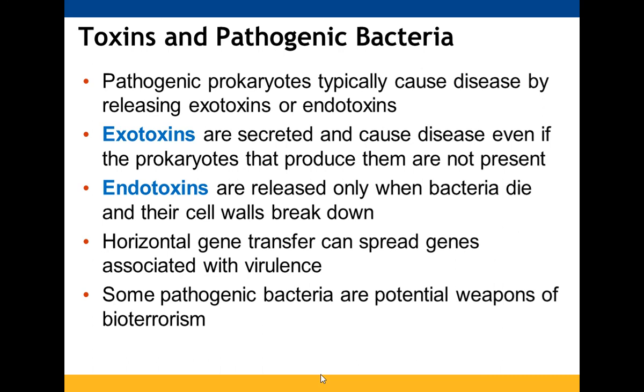The exotoxins are released and they can cause disease even if the prokaryotes aren't there anymore. The endotoxins are released only when they die. So they're housed within the bacteria, and when they die off is when the endotoxins come out. And then we can have the gene transfer that can make things a little bit more of an issue. And there's the issues with bioterrorism and fun stuff.